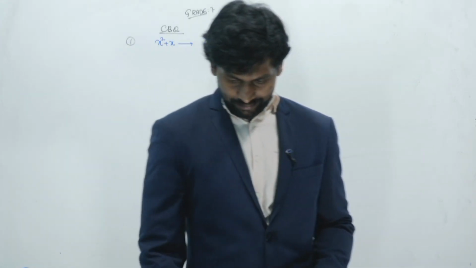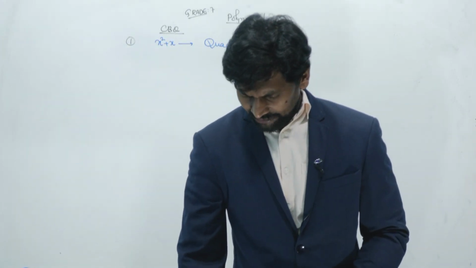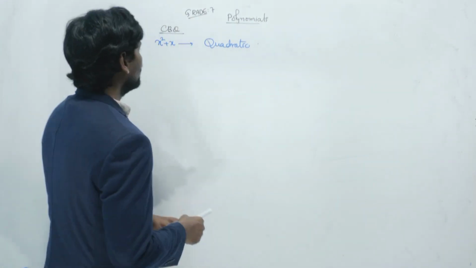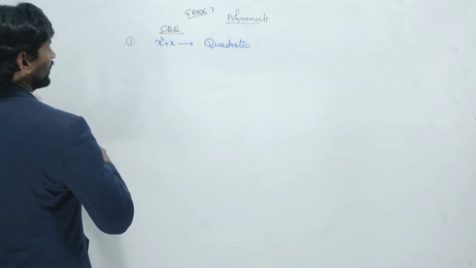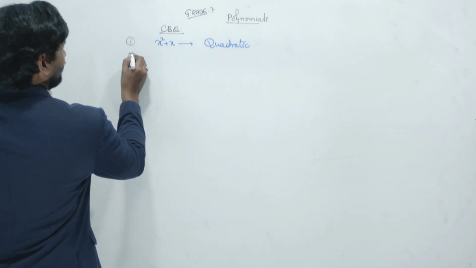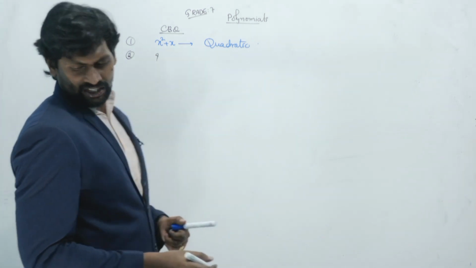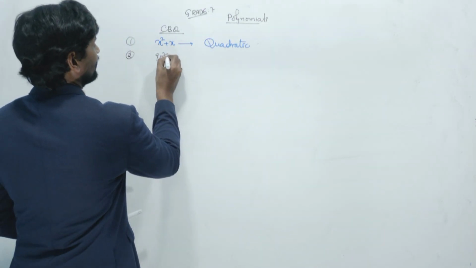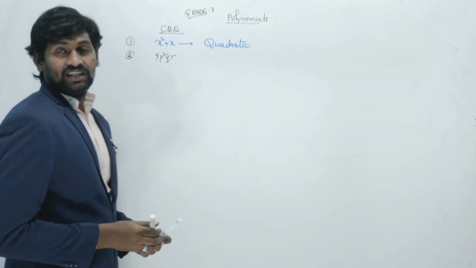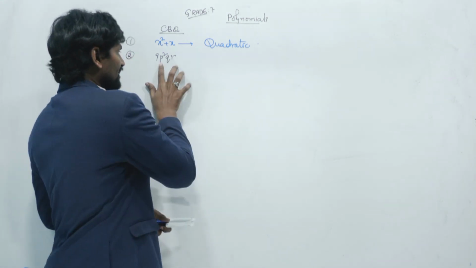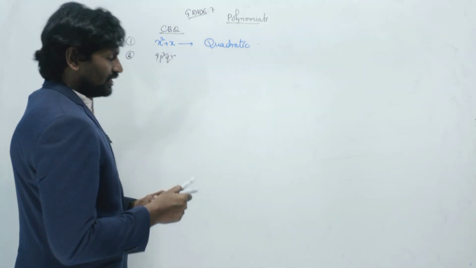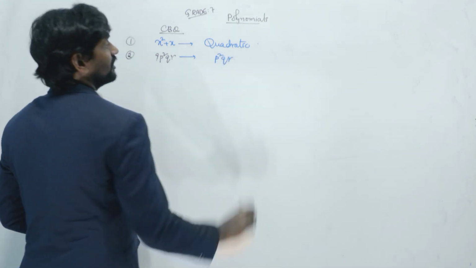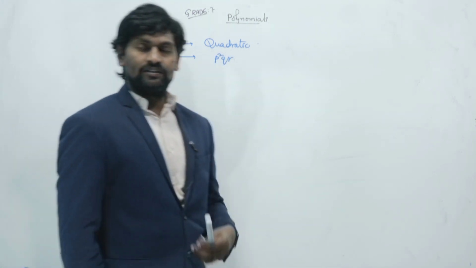Okay. Next, coming to the second one, the literal factor of 9p square qr. Literal factor and numerical factor. Literal factor means the letters in the term. The letters in the term p square qr. So literal factor is p square qr. Numerical factor is 9.